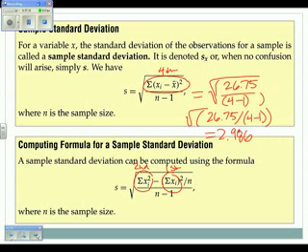Okay, and then if we did this bottom formula, the sum of x squared, so this is very much order of operations. When there aren't any parentheses or anything, that's saying that we want to square first, because multiplying, squaring, dividing, that all takes precedence over adding and subtracting.